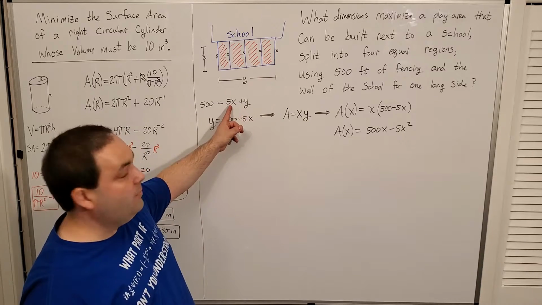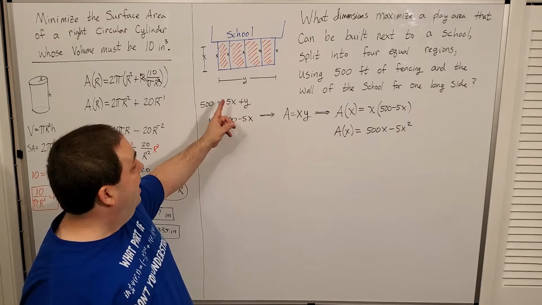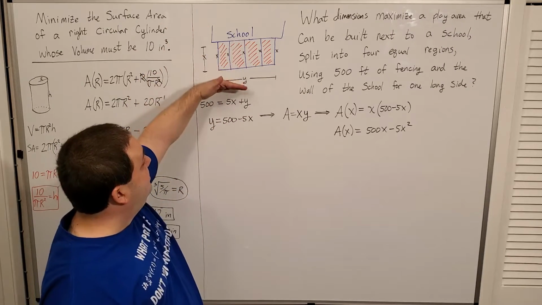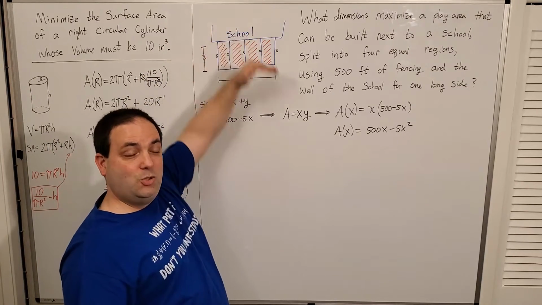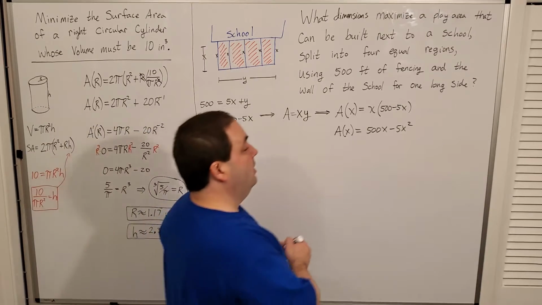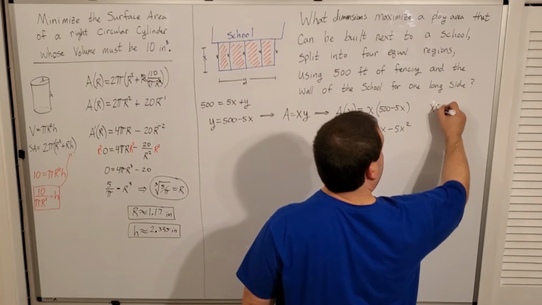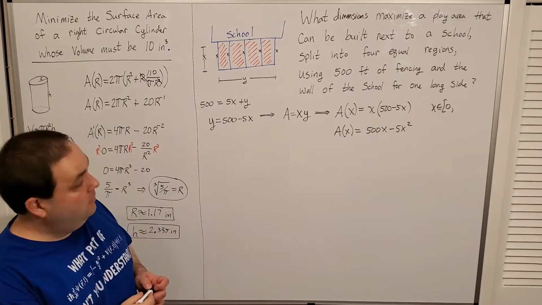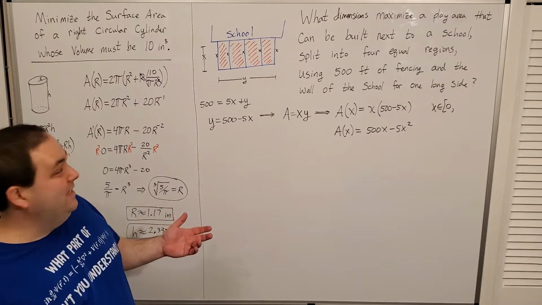X and Y have to be positive numbers, right? If X is 0, that would be one of the minimums. If X is 0, this wall would be up against that school wall and you wouldn't have any play area, right? So actually X is restricted in that sense. 0 is sort of a bottom. But also, what about when Y is 0?